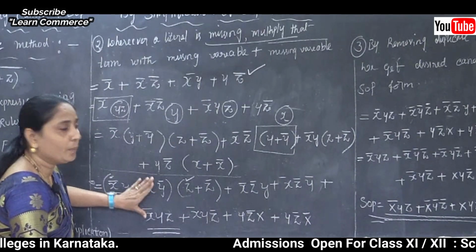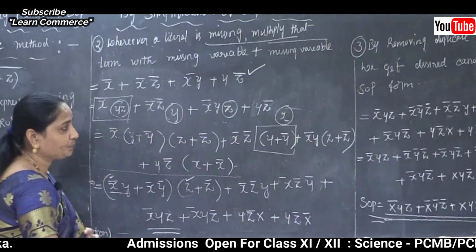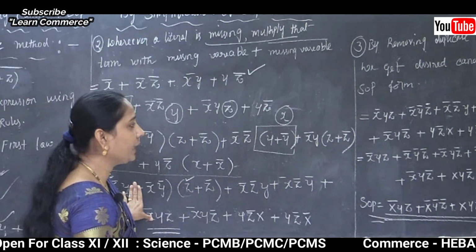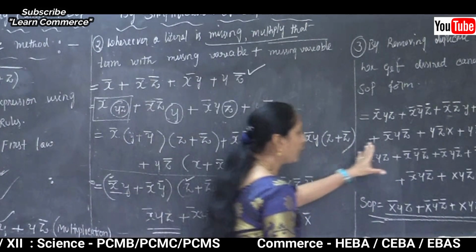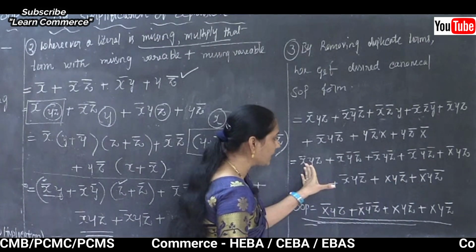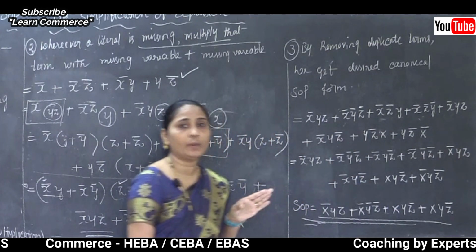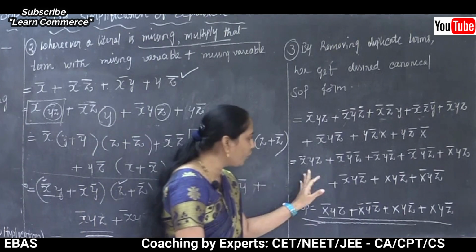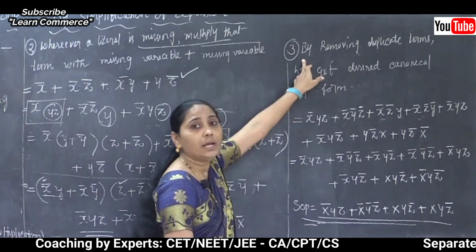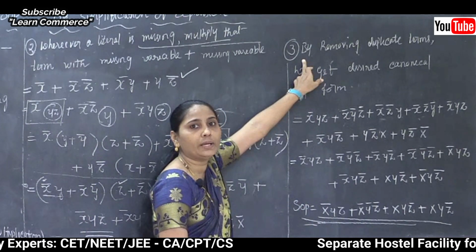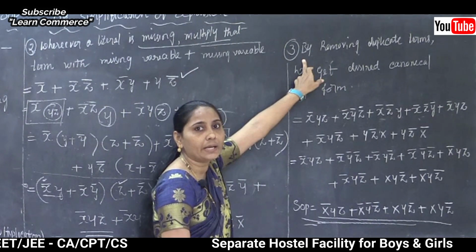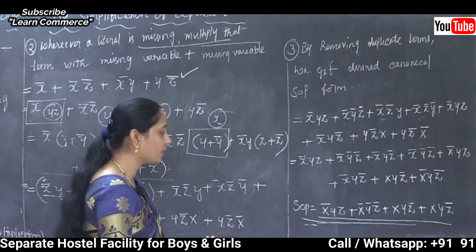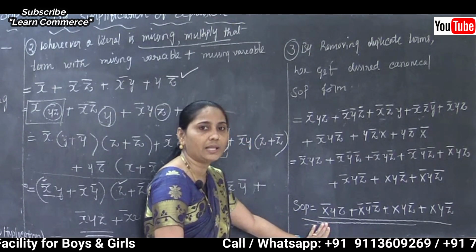Clear this point here? By using this line we completed such lines, we just made the multiplication in a correct manner. After that we are going to use such a line again, and check whether any duplicate values are there or not, and after removing the duplicate terms, this is our third step. By removing the duplicate terms we get the desired canonical expression, and finally we get the desired result, the SOP form, by using the algebraic method.